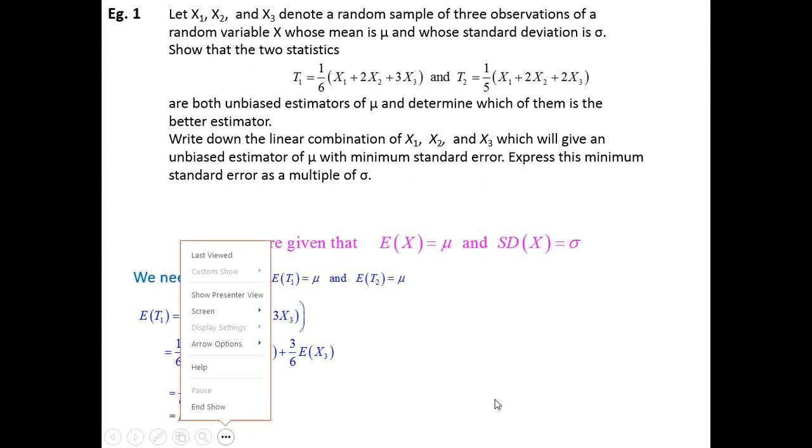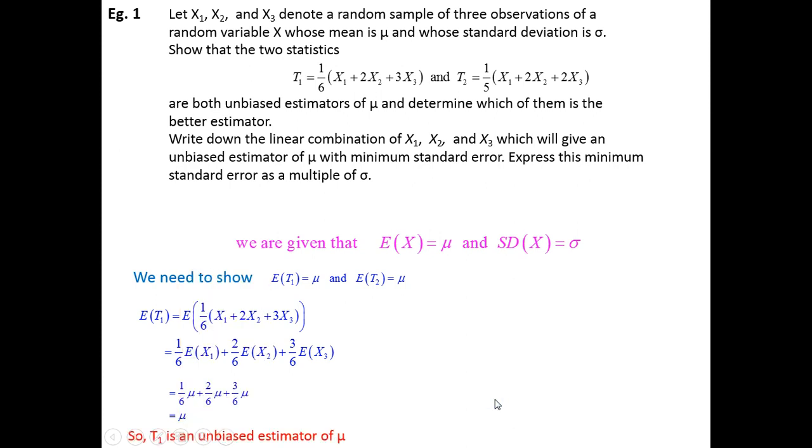So T1 is an unbiased estimator of mu. For T2, we do the same. So take the E in. So I've got 1/5 times the expected value of x1, 2/5 times the expected value of x2, and 2/5 times the expected value of x3.